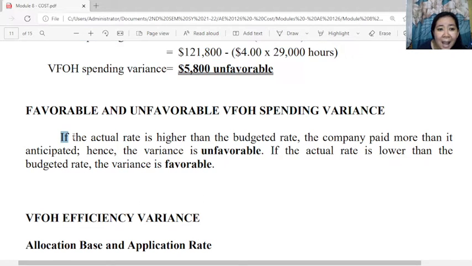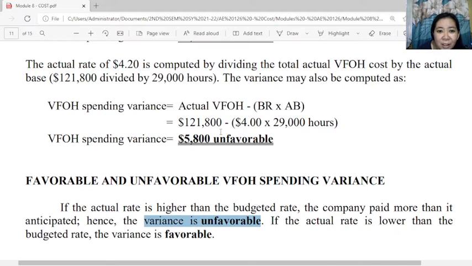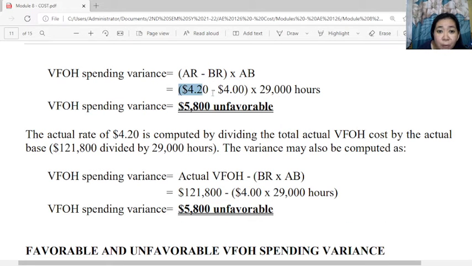Okay, so how do we determine if the variance is favorable or unfavorable? If the actual rate is higher than the budgeted rate, meaning the company paid more than what it anticipated or budgeted, then the variance in this case will be considered unfavorable, because if you could notice, the actual rate is 4.20 and the budgeted is only 4.